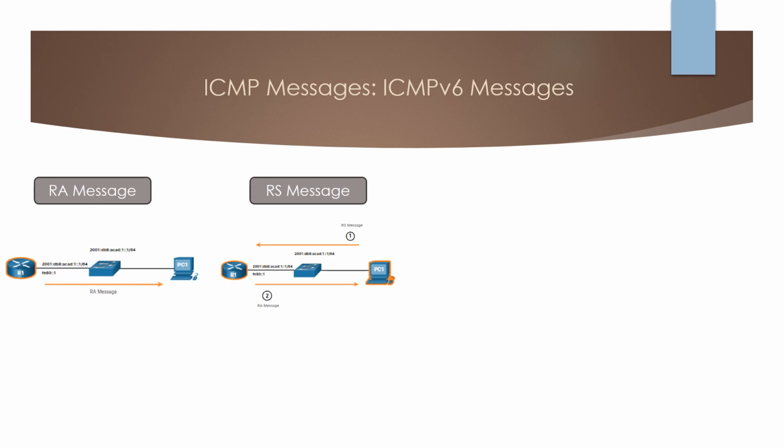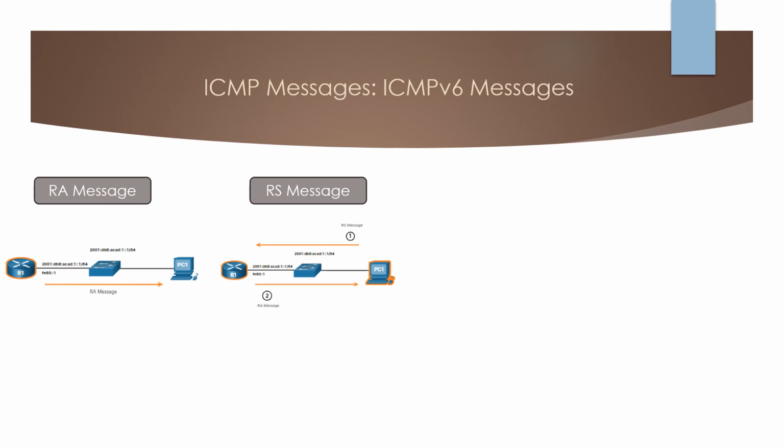And then the second step is that Router 1 replies with a router advertisement message, saying that I can give you the information for creating your global unicast address. You can use this prefix and use my link-local address as your default gateway.